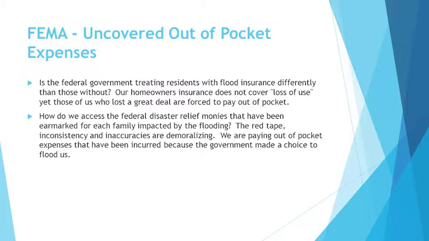Okay, I'm going to go ahead and answer the next question, which is, how do we access federal disaster relief monies that have been earmarked for each family impacted by the flooding? There's a couple different answers to that. Number one is you're waiting on the community development block grants, and that is what Culberson's video was talking about.